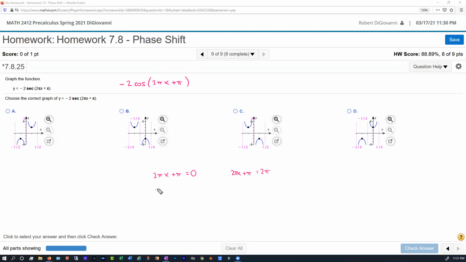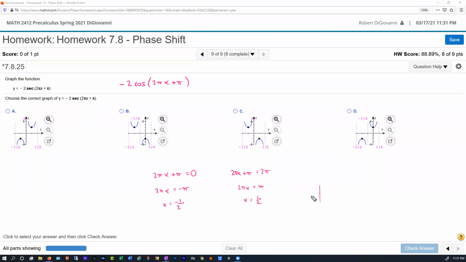When I set it to 0, I get 2 pi x equals negative pi. And then divide both sides by 2 pi, I get x equals negative 1/2. Take the pi to the other side, I get pi here. And divide both sides by 2 pi, I get 1/2 there.